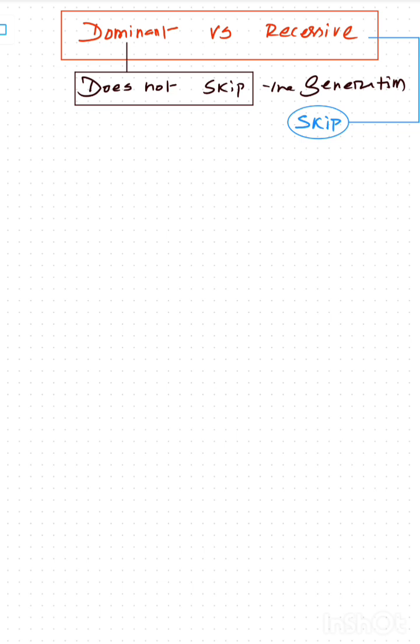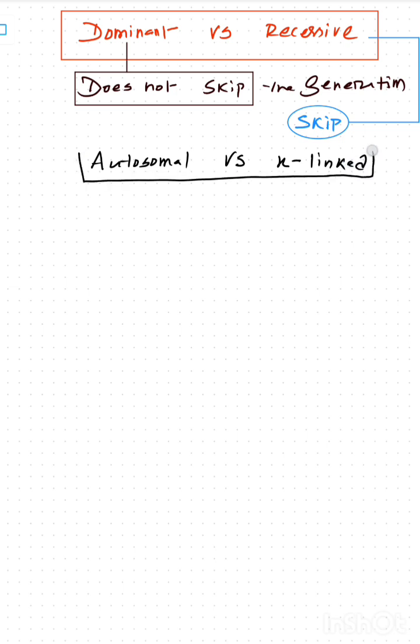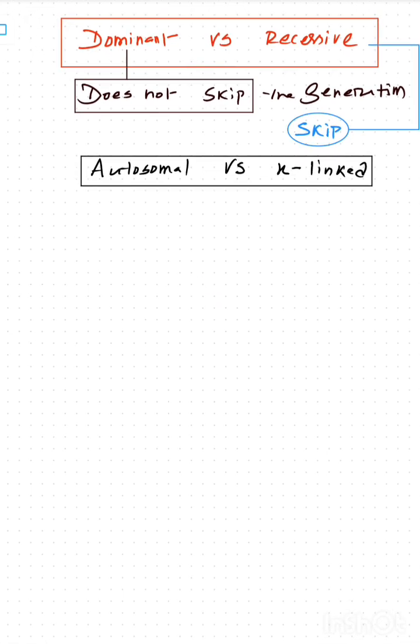Now the question is, depending on the pattern I have made, whether it will be autosomal or X-linked. It is dominant and recessive. Now let's do the war between autosomal versus X-linked. Clear? Some pedigrees will not follow the pattern. That is why I prefer my students do not follow the pattern, do hard work.